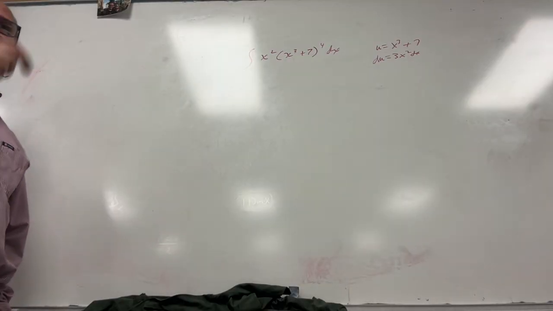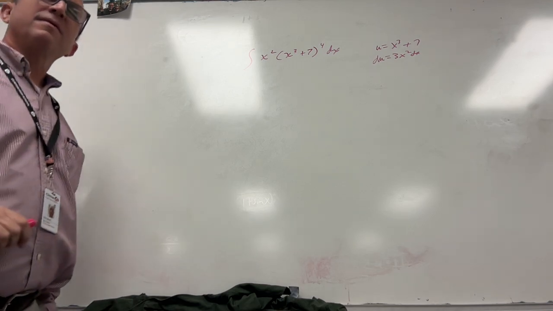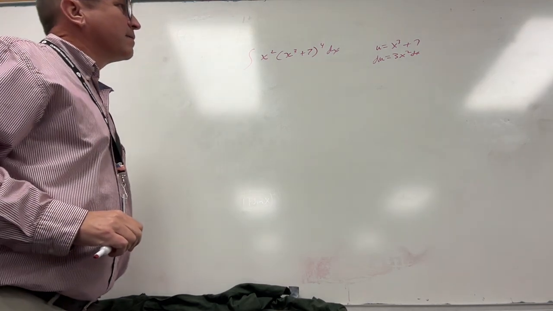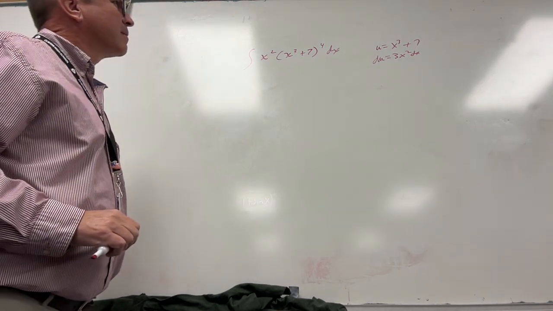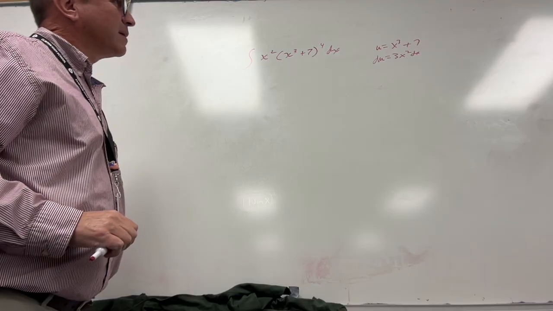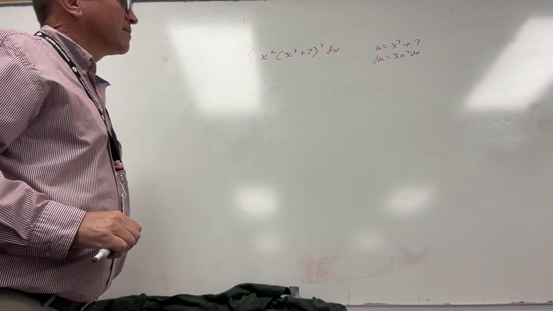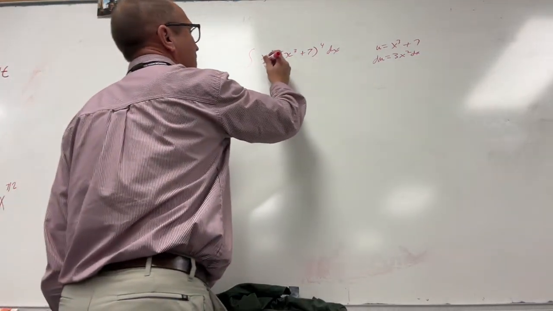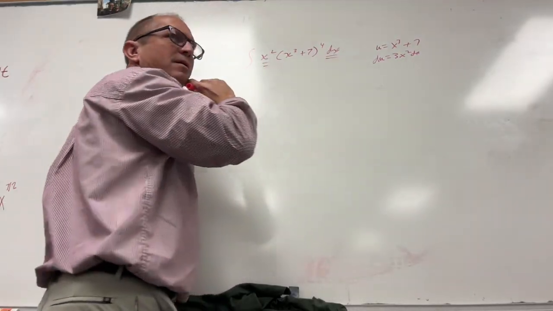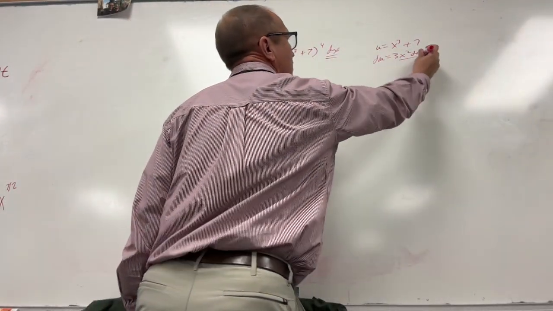Any suggestion? Couldn't you just do like u times 3 times du? We have an x squared dx in here, right? I've got an x squared dx right there.